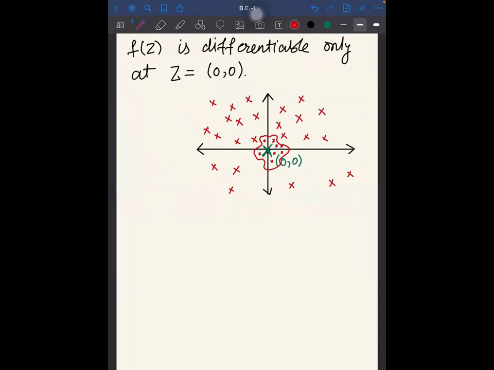Yes, sir. So this is differentiable at 0, 0, but not analytic at z equal to 0, 0.